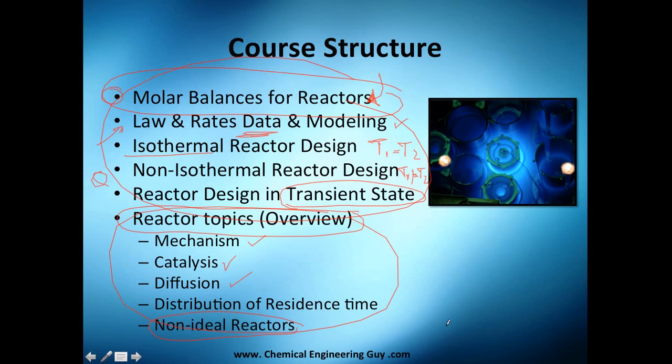You suppose your reactor is always mixing perfectly. What happens when you actually don't mix it? You have a gradient or something like that. We're going to use this chapter for those non-ideal reactors.